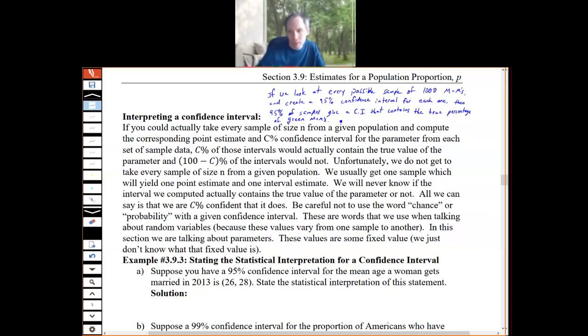Now, we don't actually get to take every possible sample of size 1,000. That's not really possible to do. What we do is we take one of them.